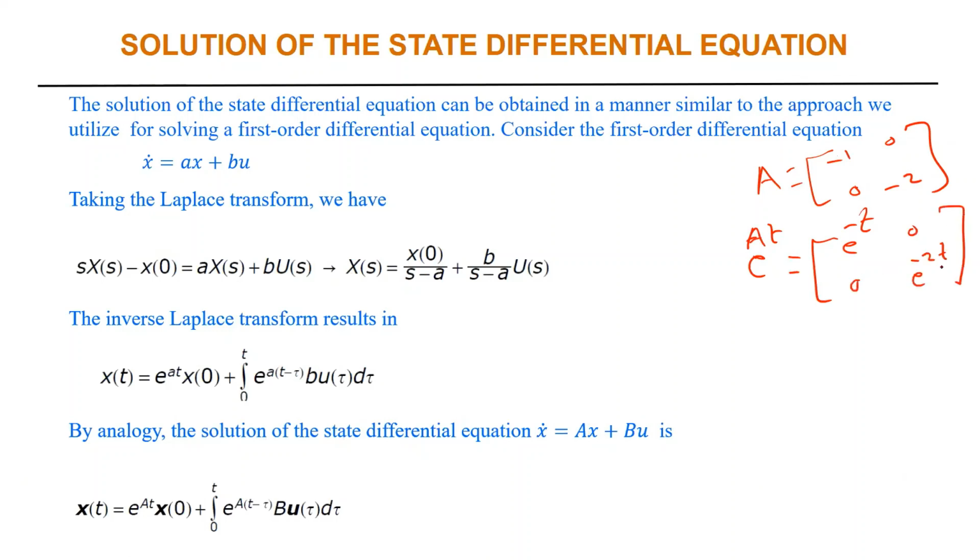If the matrix is diagonal, then e to the AT is obtained by taking the exponential of the elements across the diagonal. This is proven from the eigenvalue decomposition. This is the idea, and they generalize it to the eigenvalues. But the idea comes from the diagonal matrix. If you have a diagonal matrix, this is what you are going to have.